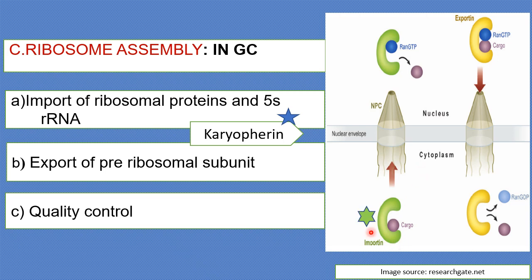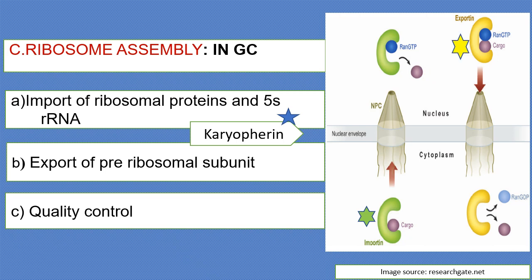In this diagram, you can see that the importin is represented with green color, and it binds the cargo molecule in the cytoplasm, and after transportation across the nuclear pore complex into the nucleus, when the importin binds with RAN-GTP, it releases the cargo molecule.